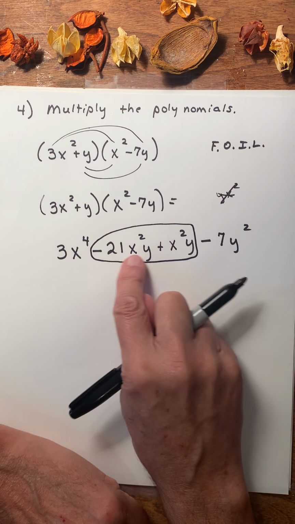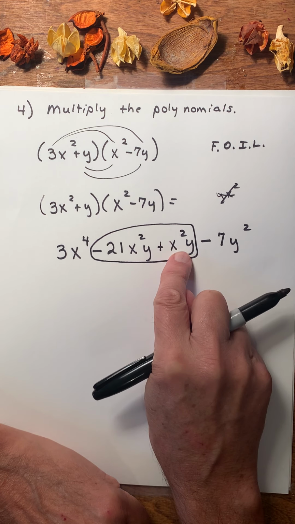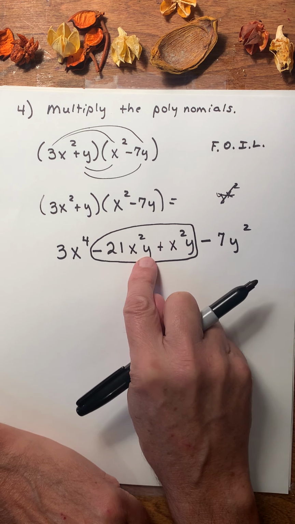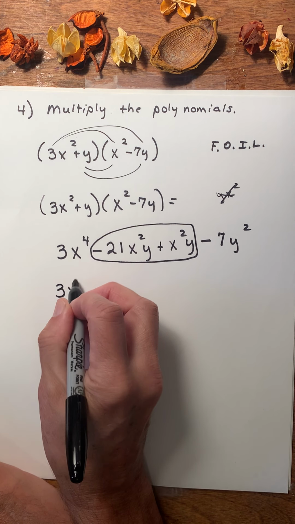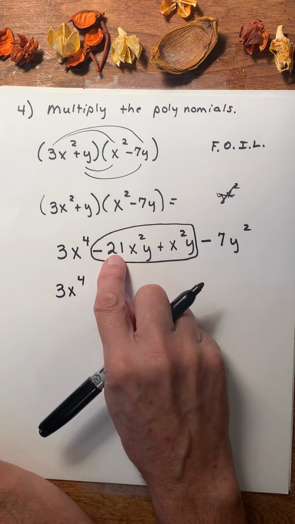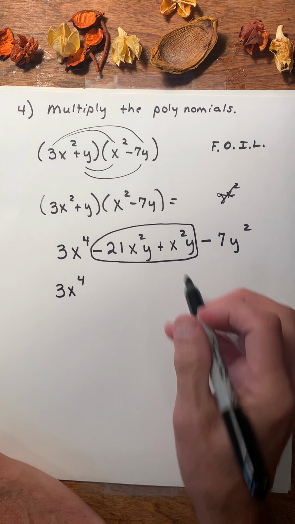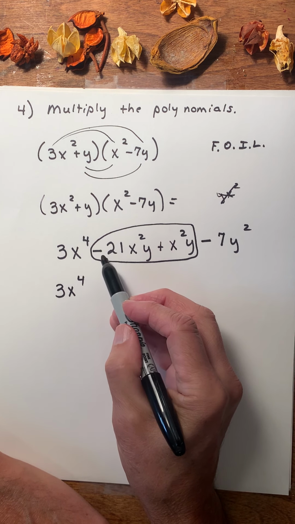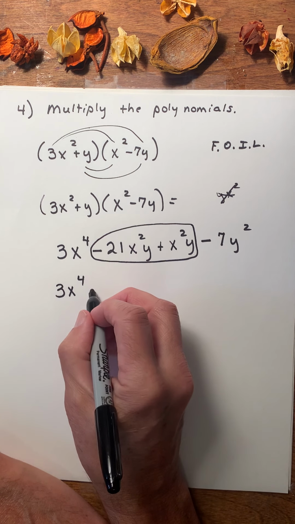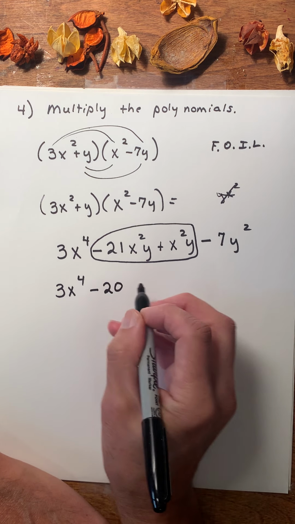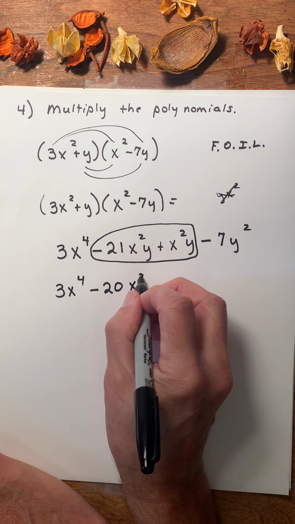See these guys? There's negative 21 of these guys plus 1 of these guys. X squared y, x squared y. So when I combine like terms, I combine their coefficients, the numbers in front. Negative 21 plus 1 is negative 20. Use your calculator if you got a problem with that.